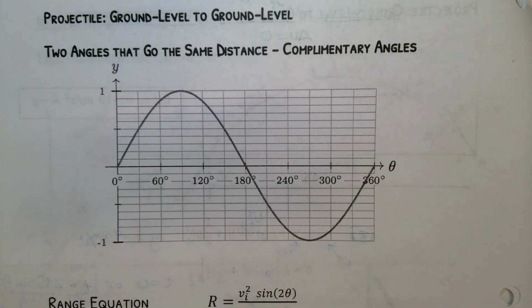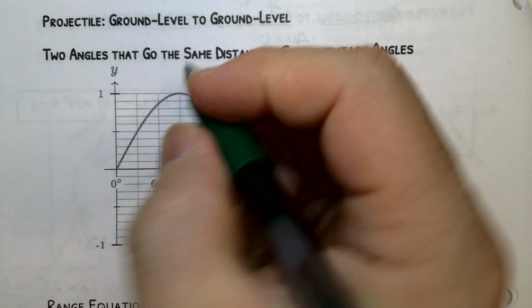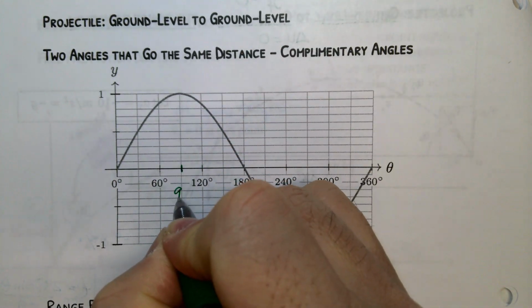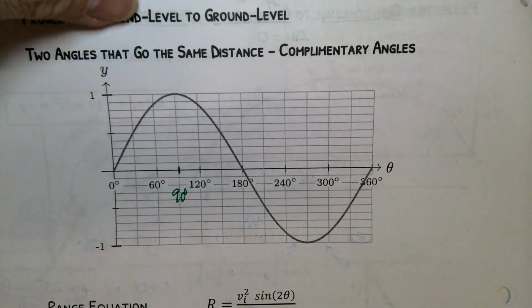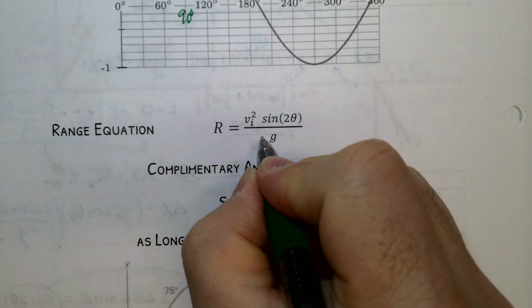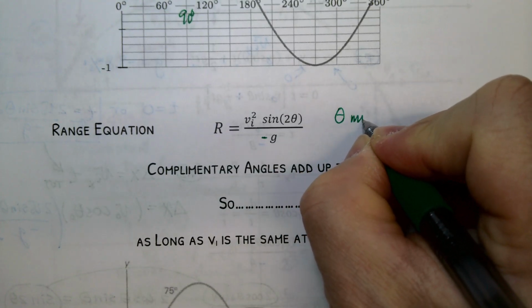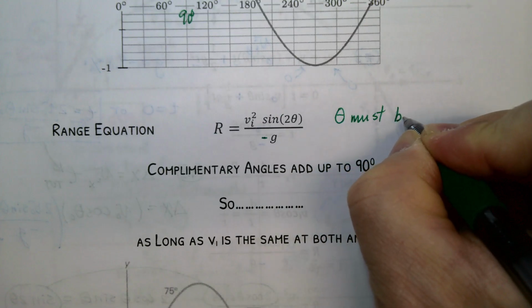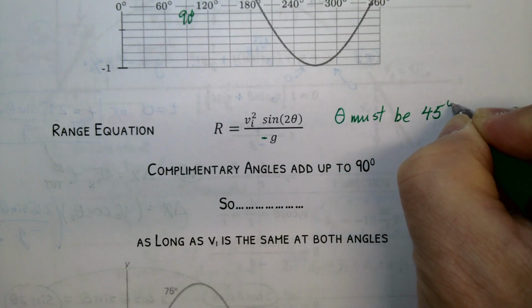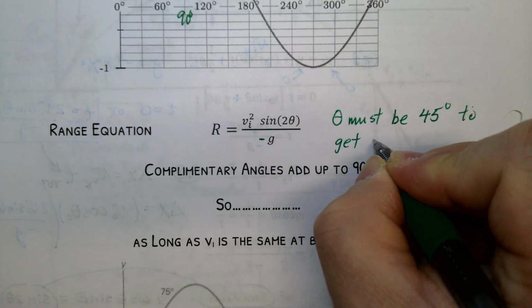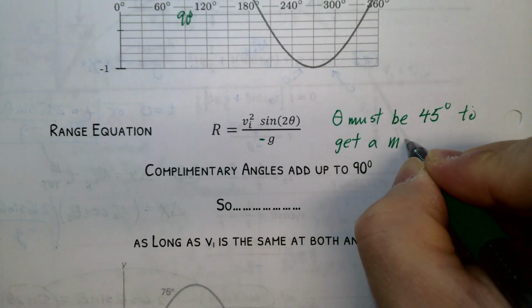So if you were to look at this sine function, the maximum value of sine is 1, and that happens at 90 degrees. So to make this true, your theta must be 45 degrees to get a maximum range.